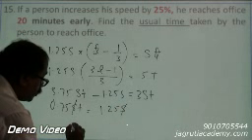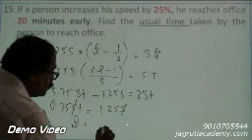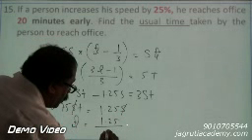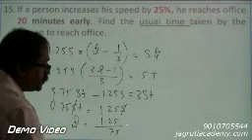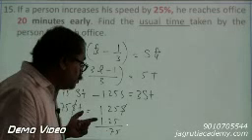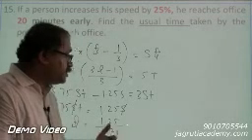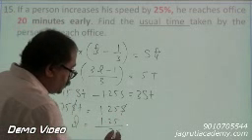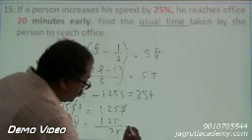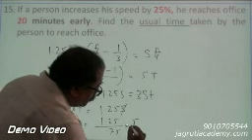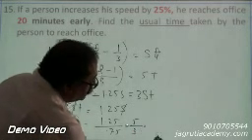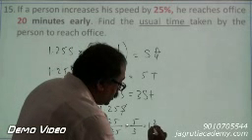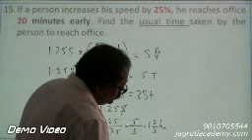So t is equal to 1.25 by 0.75. After the decimal, in both numerator and denominator we have 2 digits, so there is no use of the decimal here. Cancel with 25, it will be 5 by 3, and 5 by 3 is how many hours? 1 and 2 by 3 hours.